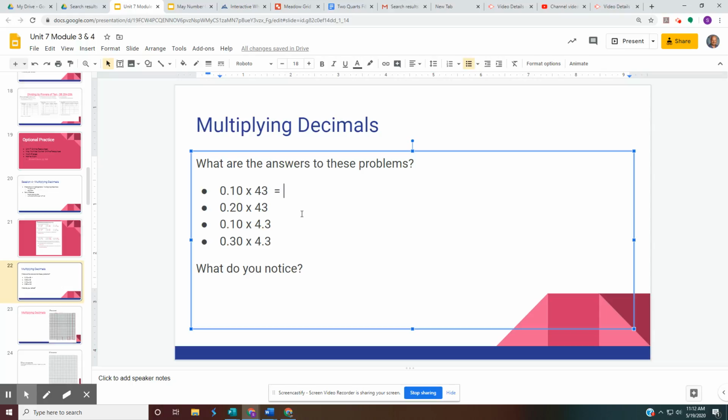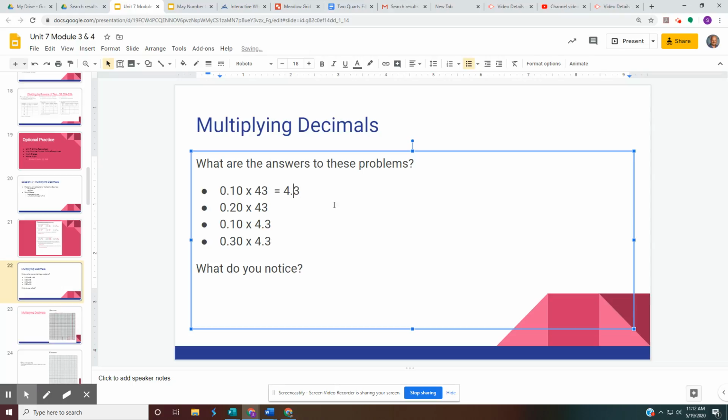The thinking is, I need to multiply 1 times 43, which is pretty simple. And then I look at my decimal, and I am multiplying by a decimal. I have to move the decimal one spot to the right to make it a whole number, which means in my answer, I have to move it one spot to the left.